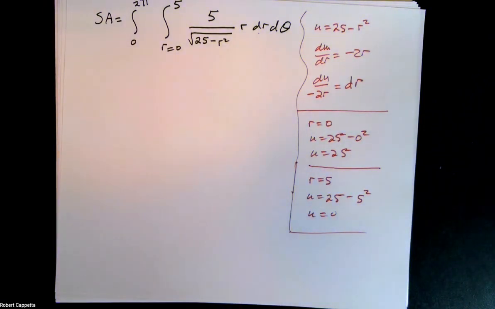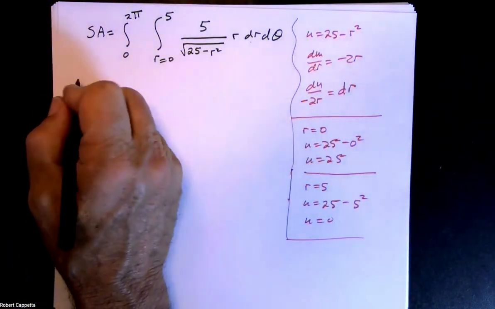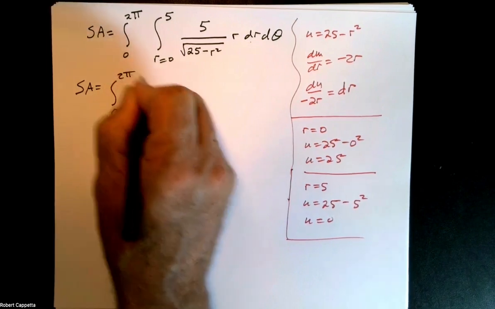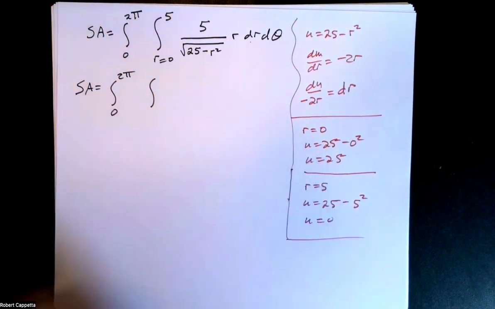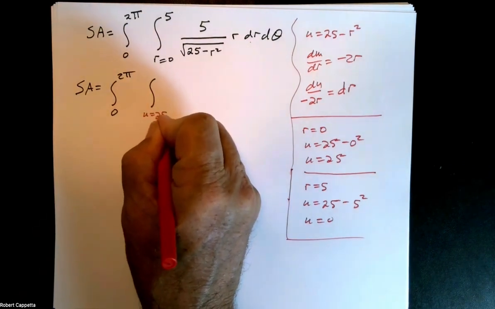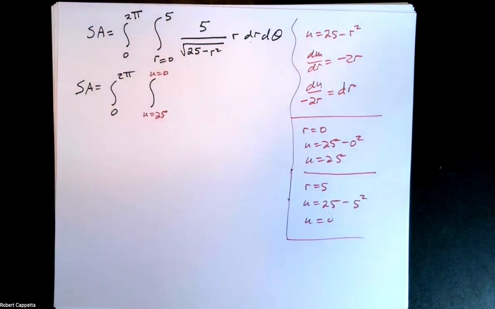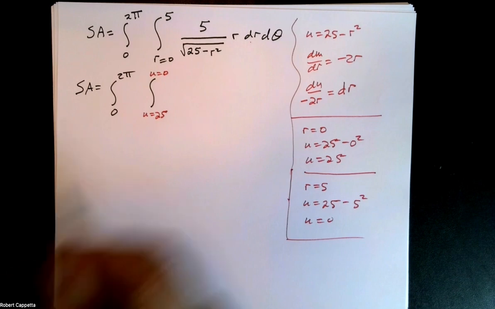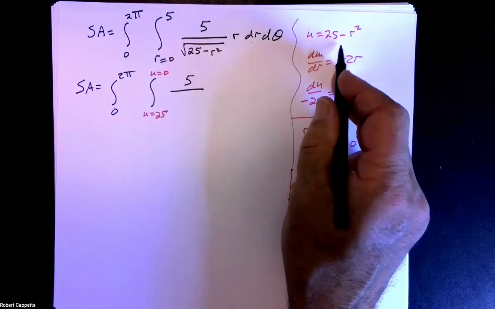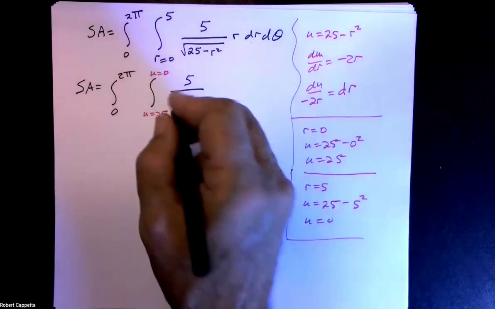So making those substitutions in this integral, we're going to get the following. So the surface area is the integral from 0 to 2 pi. Now, if r is 0, u is 25. We'll make that change. And if r is 5, u is 0. We'll make that change. Then we get 5 over the square root of 25 minus r squared will be 5 over the square root of u.